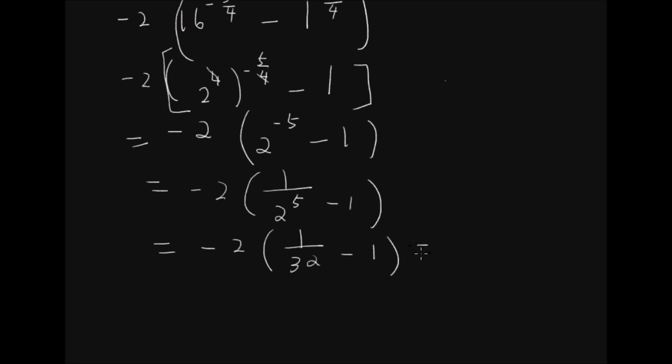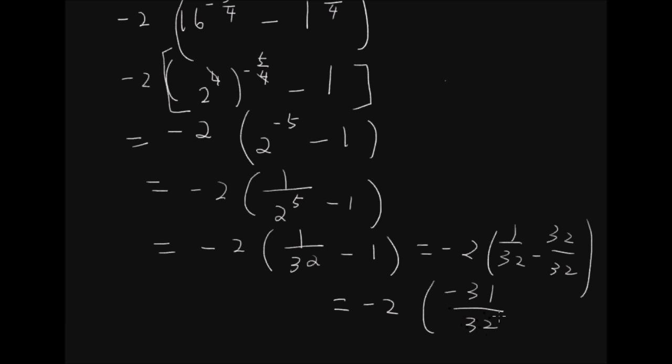Then we can think of negative 2 times 1 over 32 minus 32 over 32. Then we have negative 2 outside, and 1 minus 32 is negative 31 over 32.